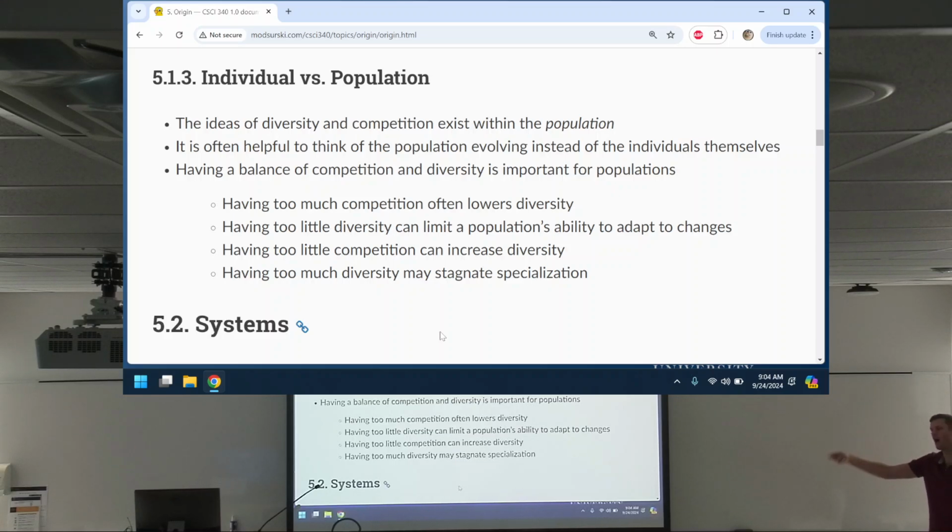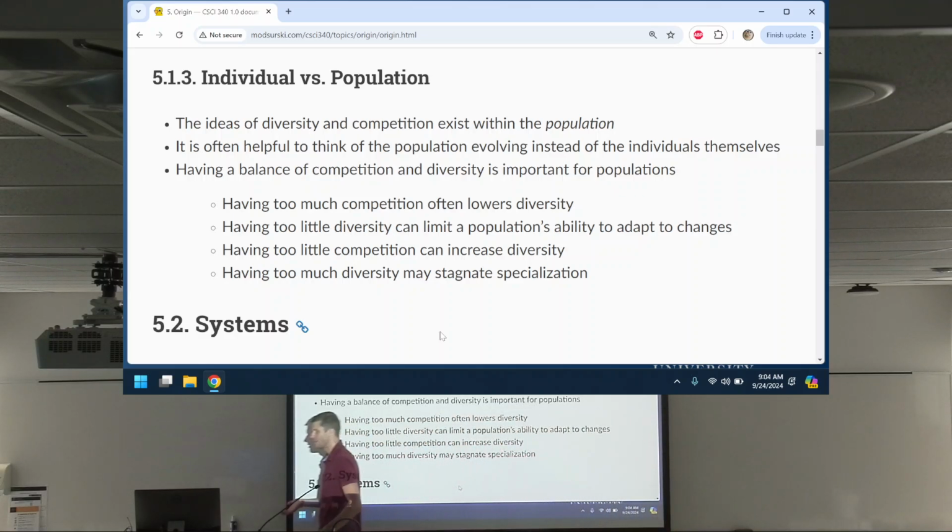And we even saw that when we were doing the bit string thing, right? And we plotted the average population fitness. What happened to the average population fitness over time? It got better. The best candidate solution hopefully got better too, but the whole population fitness got better over time too. The populations are evolving. And it's often helpful to think of populations evolving instead of the individuals themselves.